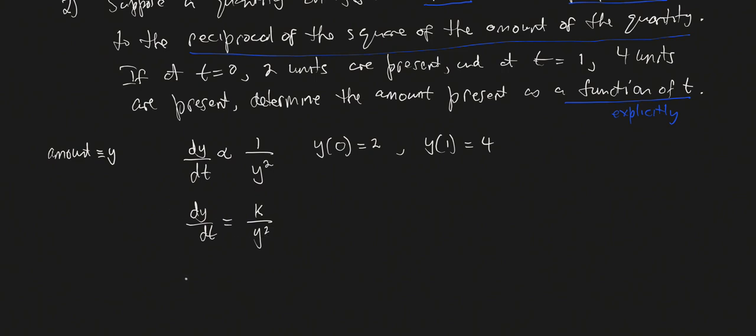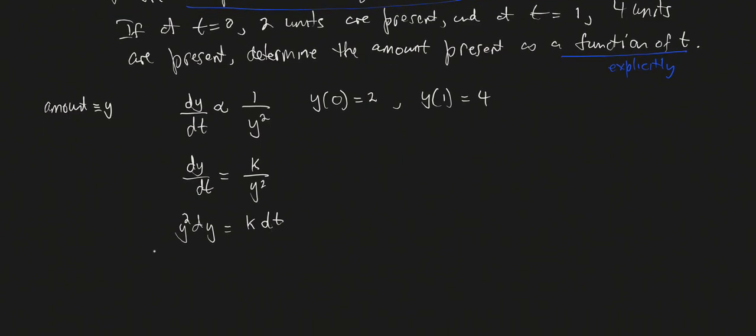So multiply both sides by y squared, multiply both sides by dt. So we have that, and then integrate both sides, right? So we have the antiderivative of y squared dy is equal to the antiderivative of k dt.